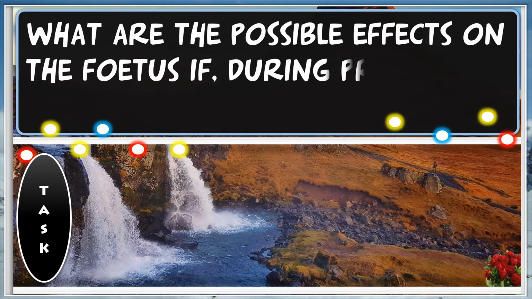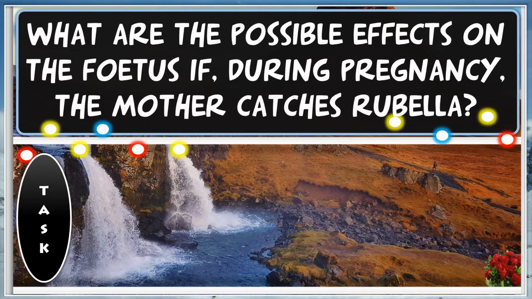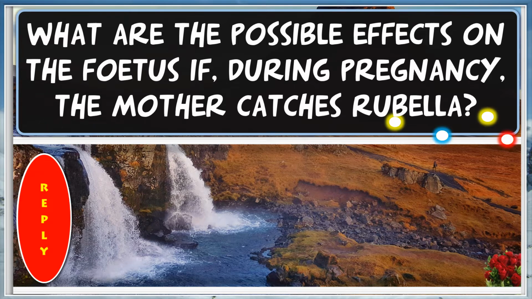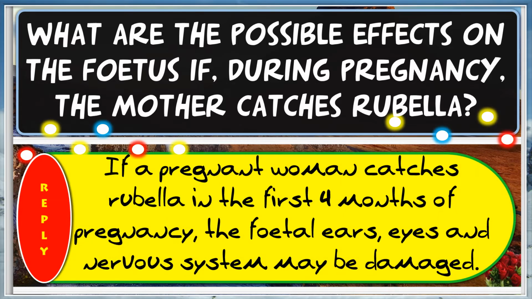What are the possible effects on the fetus if during pregnancy the mother catches rubella? If a pregnant woman catches rubella in the first 4 months of pregnancy, the fetal ears, eyes, and nervous system may be damaged.